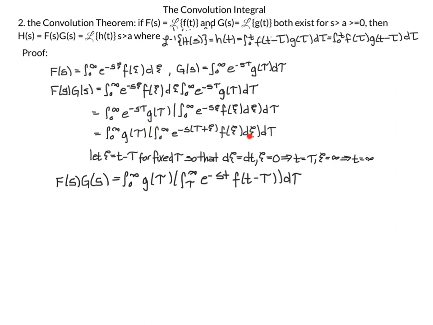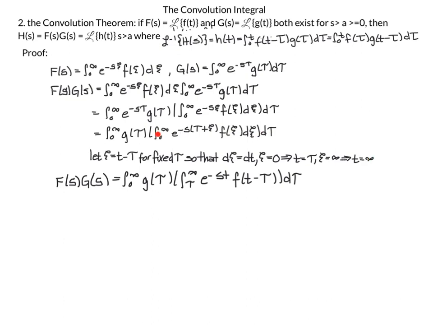Now inside this integral here, when you integrate from 0 to infinity, you do that for a fixed value of tau, and then you integrate with tau going from 0 to infinity. But inside here, tau is fixed. So we're going to let xi equal t minus tau. So for the fixed tau, dxi is equal to dt, and xi equals 0 means that t equals tau, and xi equals infinity means that t is equal to infinity.